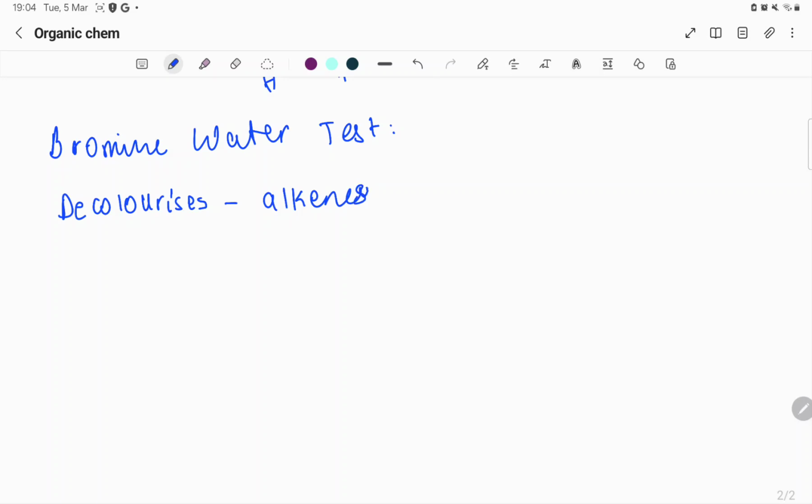So bromine water has kind of like an orange, red, brownish color. And if you add alkene to it, then it's going to become colorless. But if you add alkane to it, there is no effect on bromine water by alkane. So you will know, okay, it's not decolorizing, so this is an alkane substance.